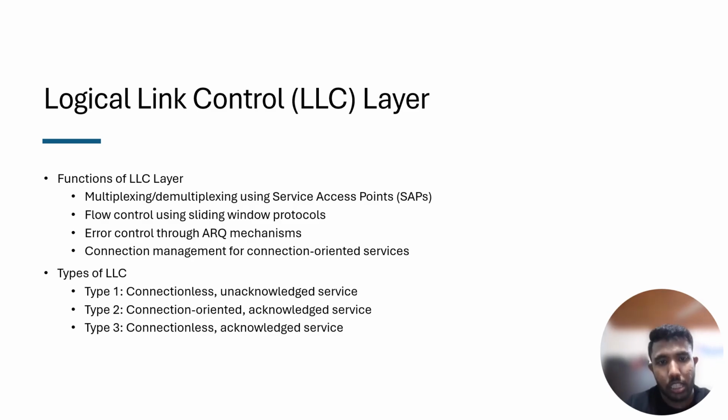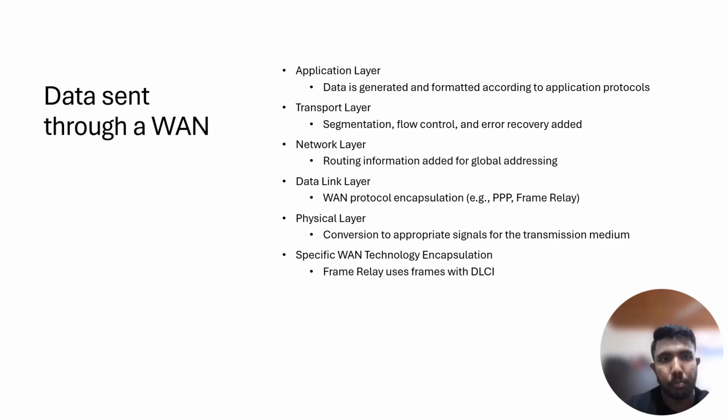Types of logical link control are: type 1 is connectionless unacknowledged service, type 2 is connection-oriented acknowledged service, and type 3 is connectionless acknowledged service, providing flexibility for different application requirements. We'll move on to the next slide.